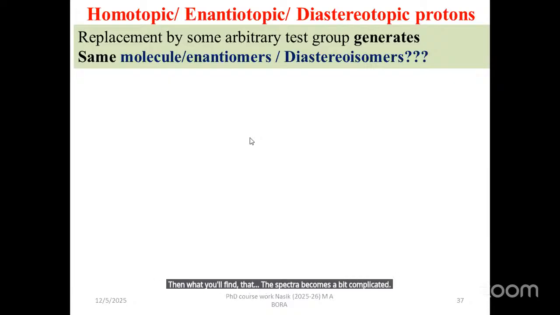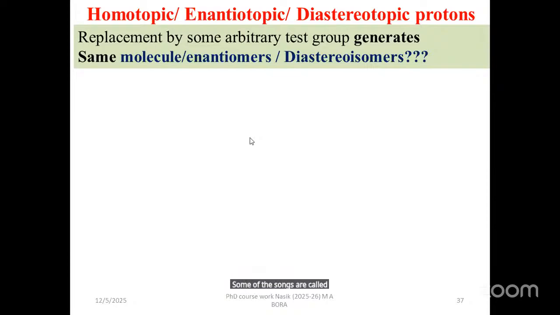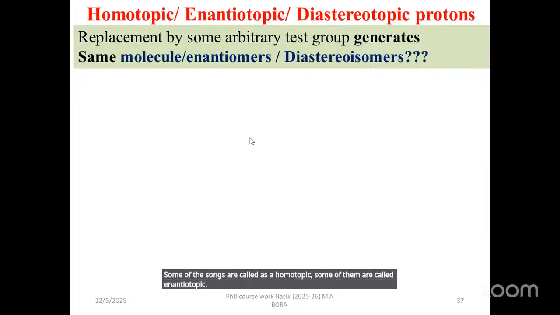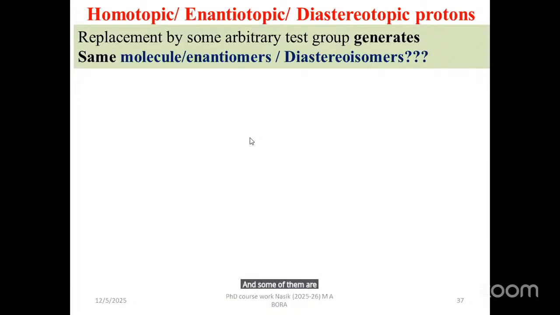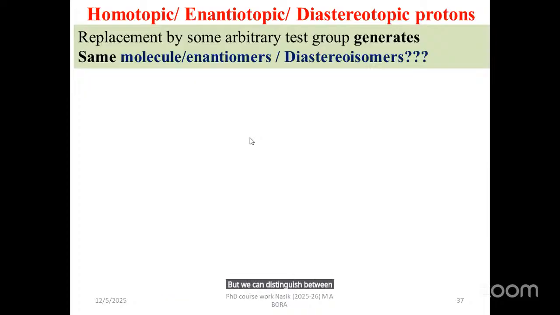Before we understand this complication, let us understand again the types of protons. Some protons are called homotopic, some of them are called enantiotopic, and some of them are called diastereotopic. Now, how do I distinguish between homotopic, enantiotopic, and diastereotopic protons, and how is it useful in NMR? What you find is that in NMR, PMR, homotopic and enantiotopic protons cannot be distinguished, but we can distinguish diastereotopic protons.